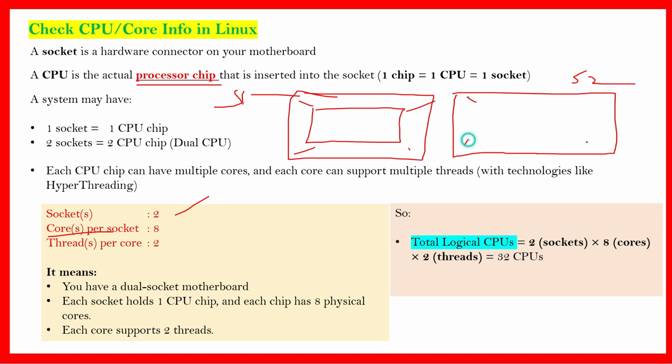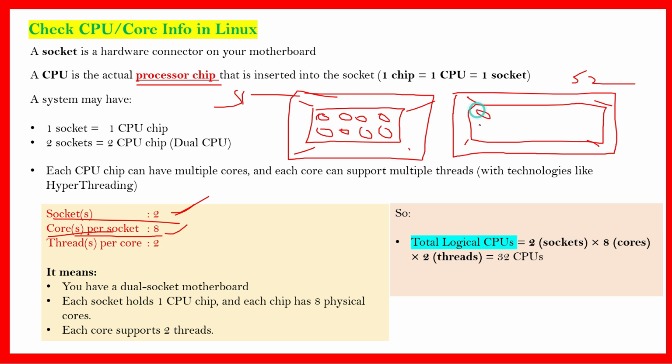Similarly here, we have a processor chip inserted in the socket. Now each socket has 8 cores. So here we have 1, 2, 3, 4, 5, 6, 7, 8. Similarly, here we have 8 cores, 1, 2, 3, 4, 5, 6, 7 and 8. So 8 cores we have, right?